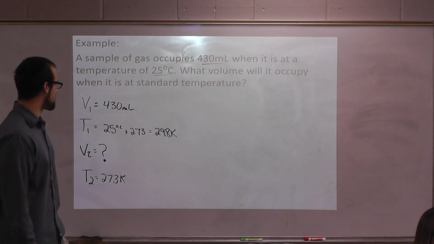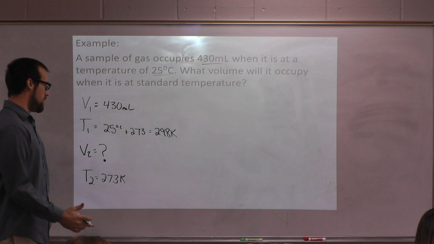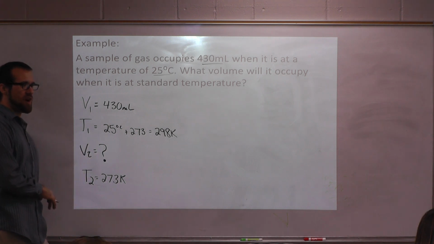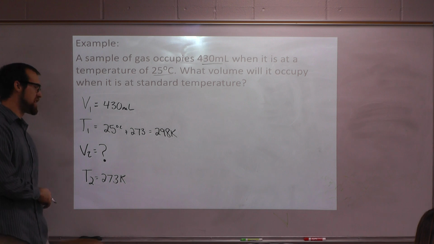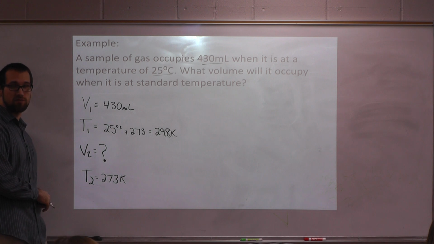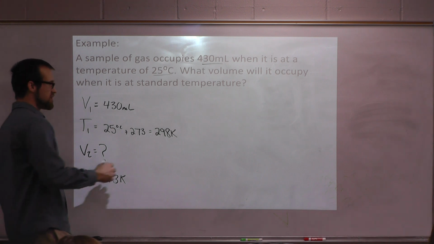Our equation now: the variables should tell you, I know you're probably thinking we're doing Charles' law right now, but doesn't the variables tell you that this isn't Boyle's law? It's not pressure and volume, so it's not Boyle's law, it's Charles' law.